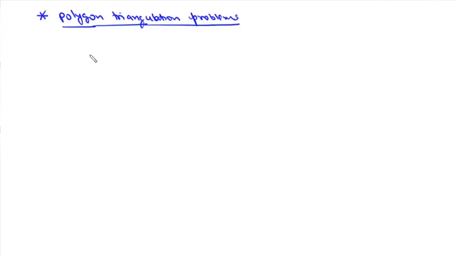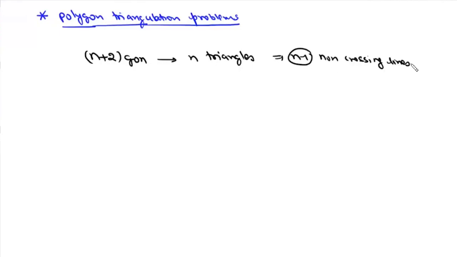So again this is the nth Catalan number, which is Cn. Now another application is the polygon triangulation problem. If we have an n plus 2 gon and we have to divide it into n triangles by drawing n minus 1 non-crossing lines between vertices of the polygon, then the number of ways of doing it is given by the Catalan number Cn.